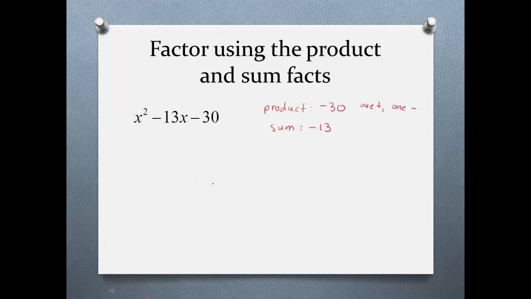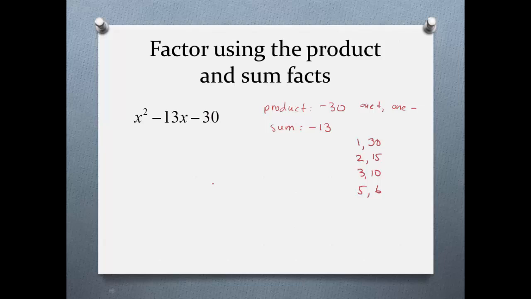Which one's going to be positive or negative is going to depend on what I want this sum to be. So first I'm going to ignore that negative on that 30, and I'm just going to write my list again. 1 times 30, 2 times 15, 3 times 10, and 5 times 6. That's my complete list.